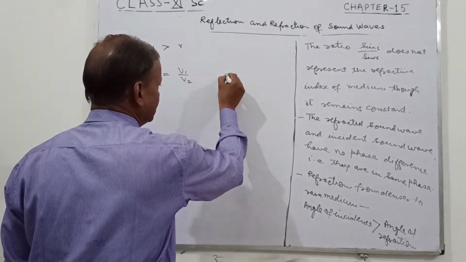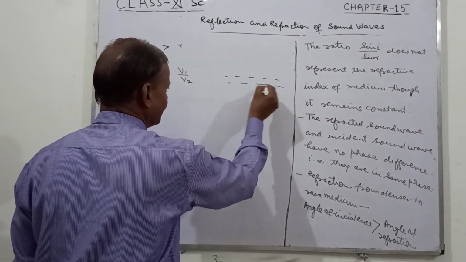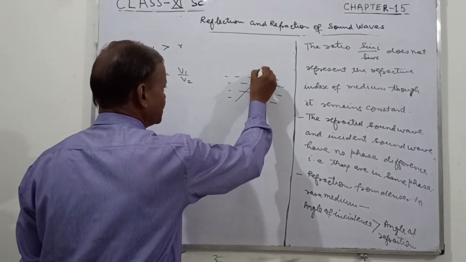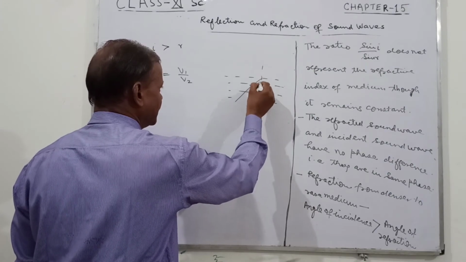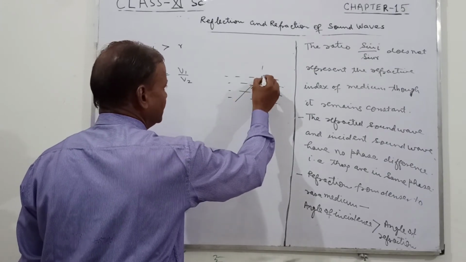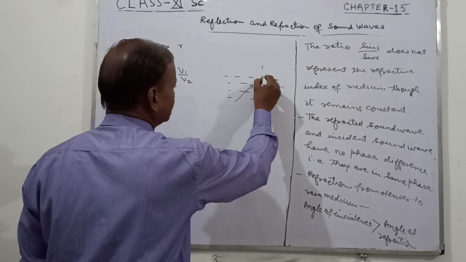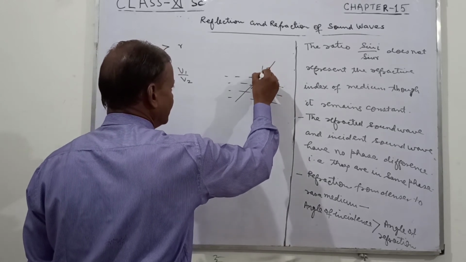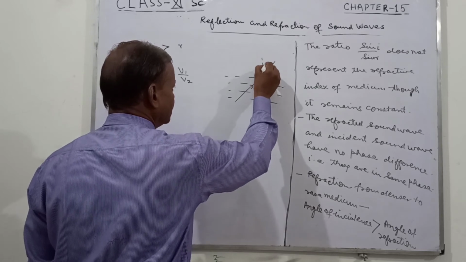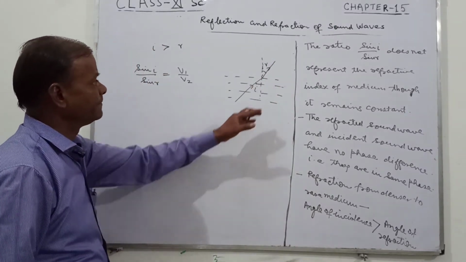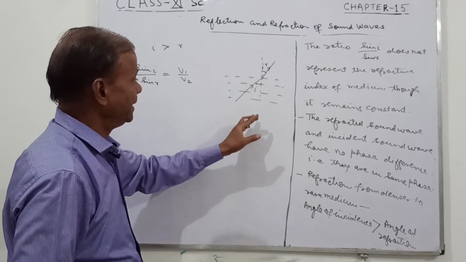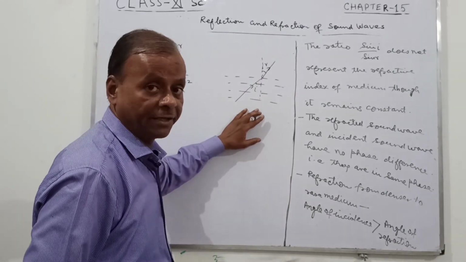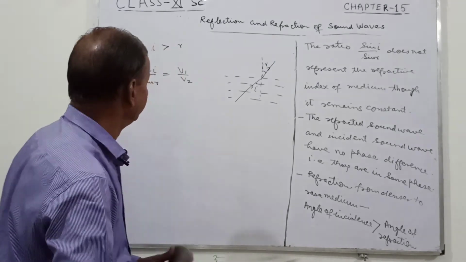Now suppose this is the denser medium and the wave is going like this. This is the angle of incidence I, then this is the angle of refraction. It means that the refracted ray bends towards the normal, and in case of rare to denser, the refracted ray bends away from the normal.